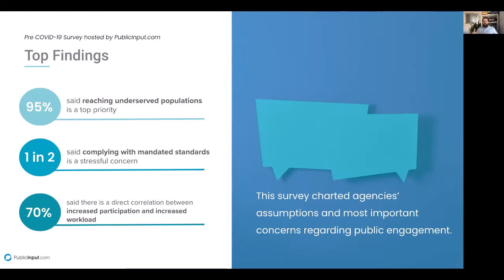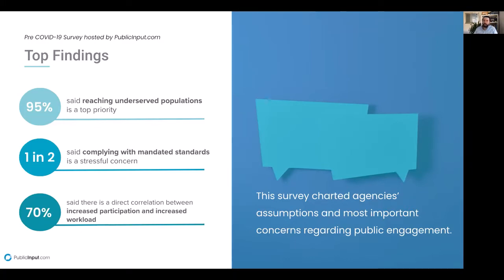And underserved populations, in federal speak, is environmental justice communities. But what we want to make sure we're doing is also looking at underserved populations as places such as a food desert, or places where the typical census data does not give us clear insights.